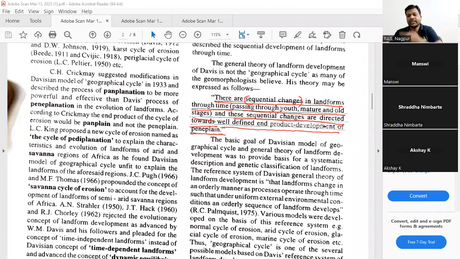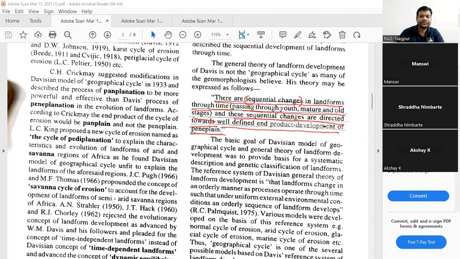So this is a sequence. The ultimate fate of any human body is death, agreed or not? So this will be a cycle of human life: the youth stage, then the mature stage, then the old stage, and then death.